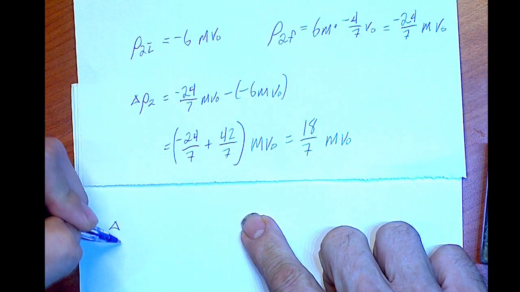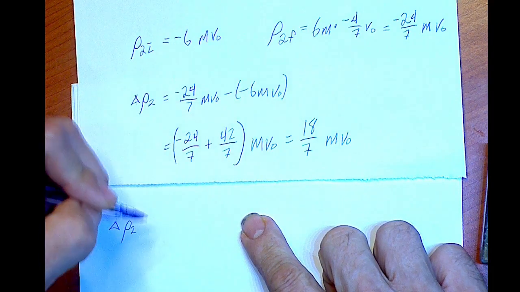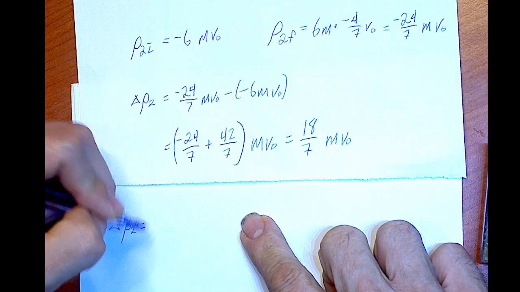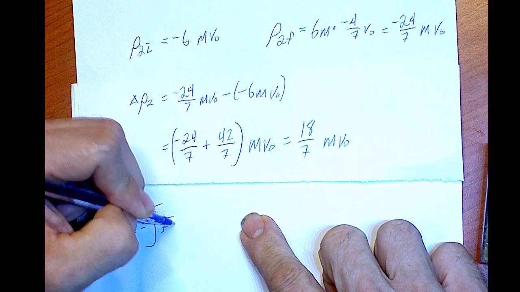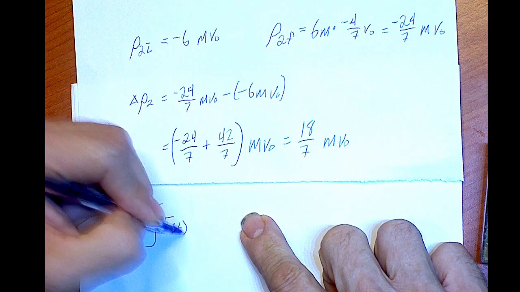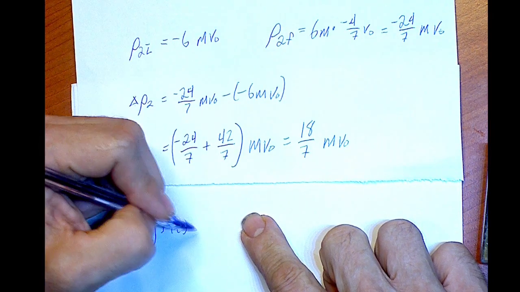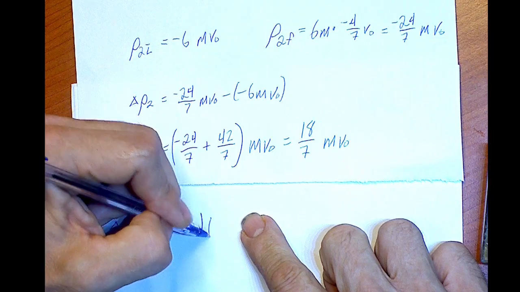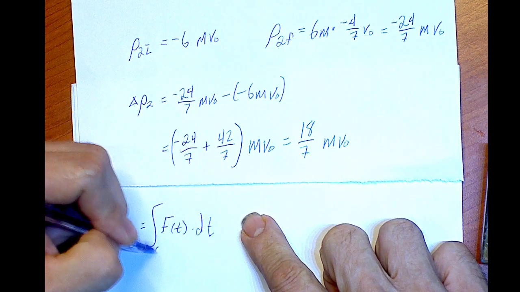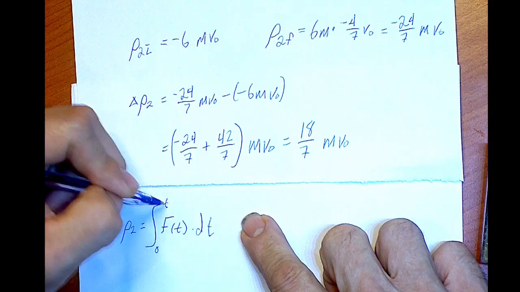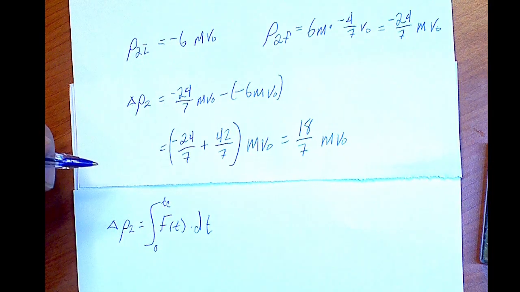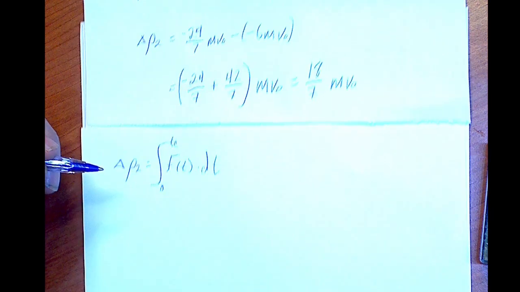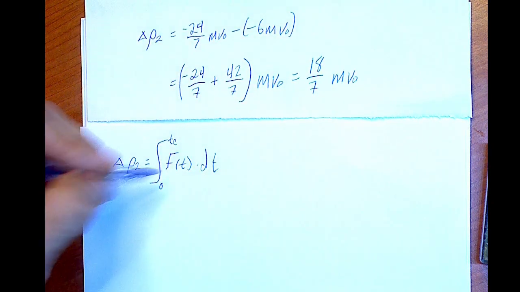change in momentum of block 2 is the impulse, and the impulse is the integral of force as a function of time times the change in time. And we're integrating this from 0 to the total time of collision. And so now we have everything we need to solve this integral for F max.